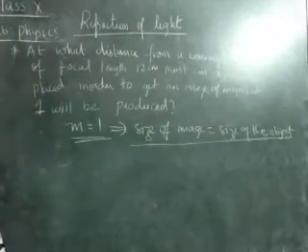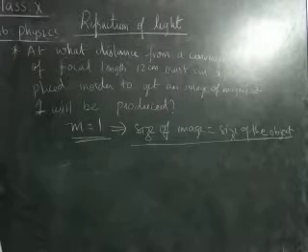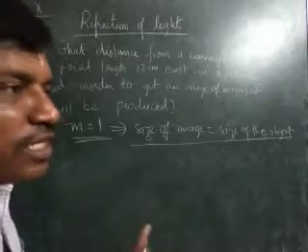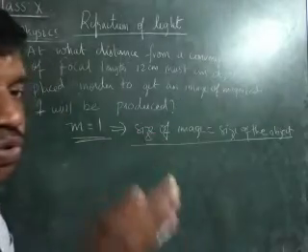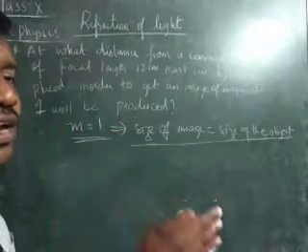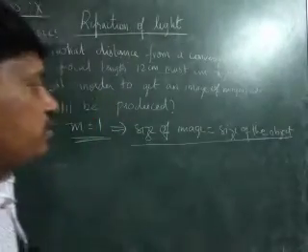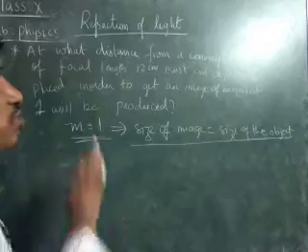Already in the last problem we have seen, only when the object is placed at center of curvature do we get the size of the image equal to the size of the object. Therefore, magnification is equal to 1.